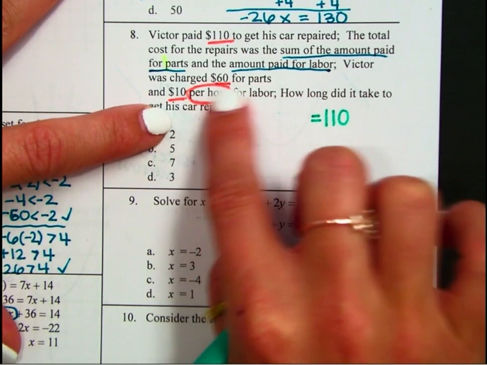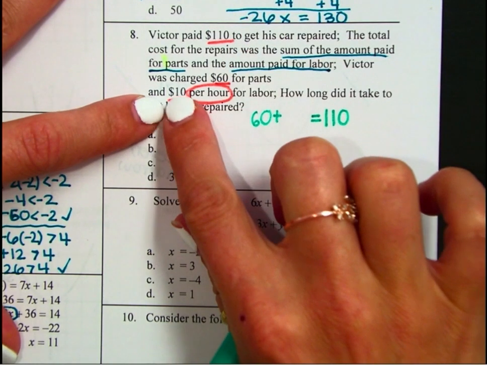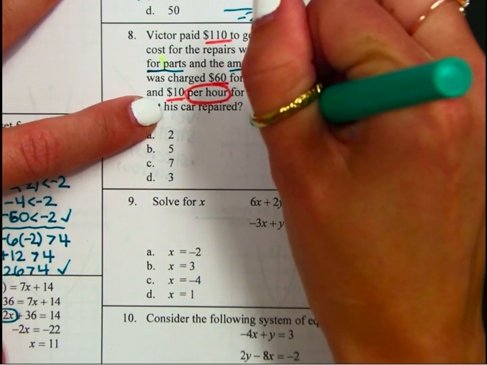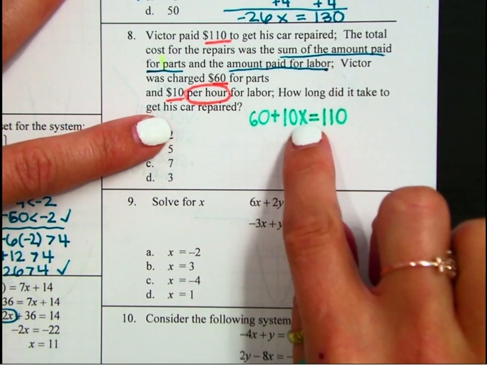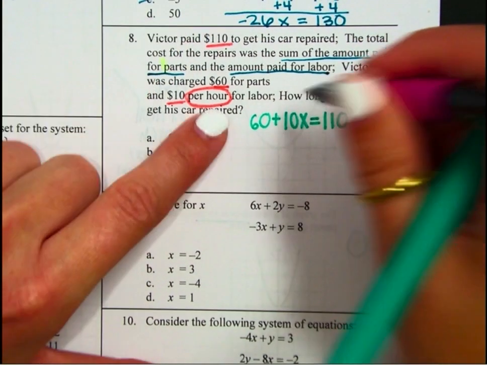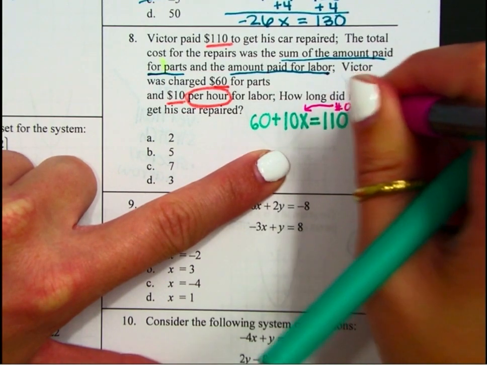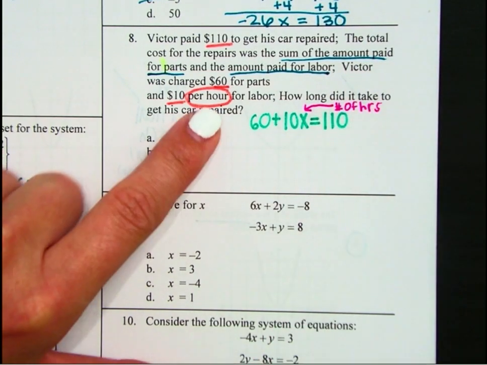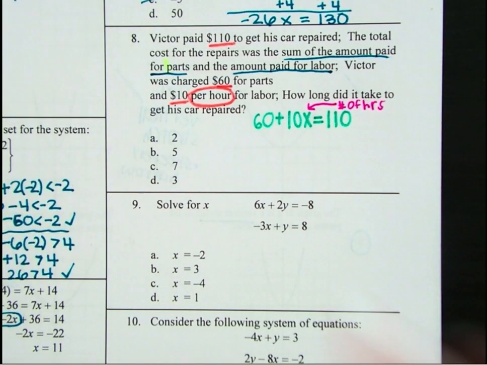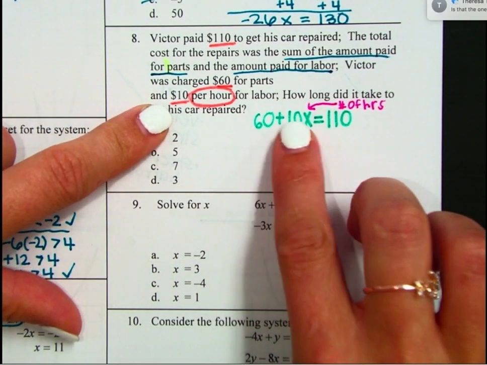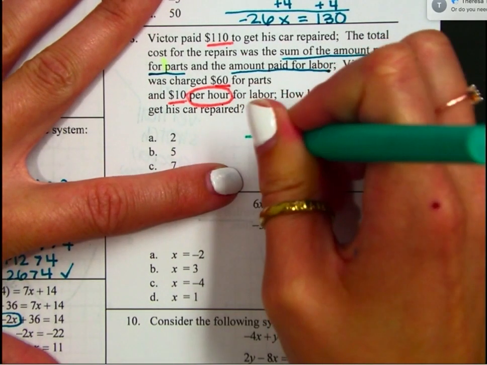So it says right here he's paying $60 for parts and then $10 per hour. So that $10 is going to keep reoccurring and be multiplied by X, which will stand for the number of hours. Okay, because per hour, X means number of hours. So I am going to figure out what X is to answer that question.